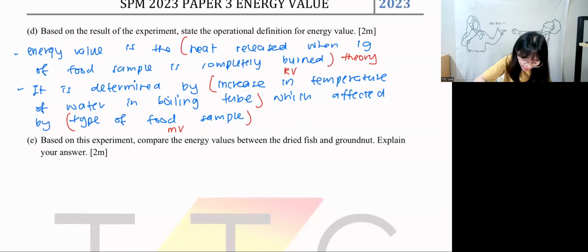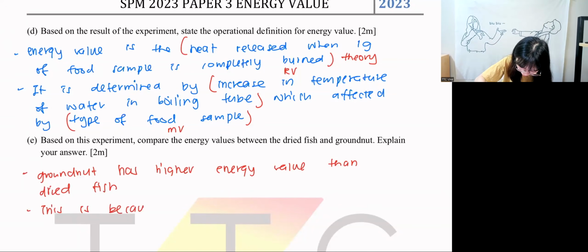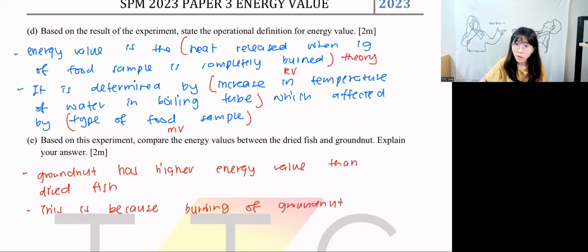When you have a higher lipid content, it means that you have more heat release. So when you want to write your answer, you have to say groundnut has higher energy value than dry fish. This is because burning of groundnut, based on the result, fish has 14 only, correct? Okay.